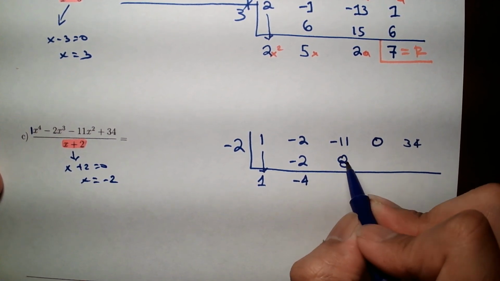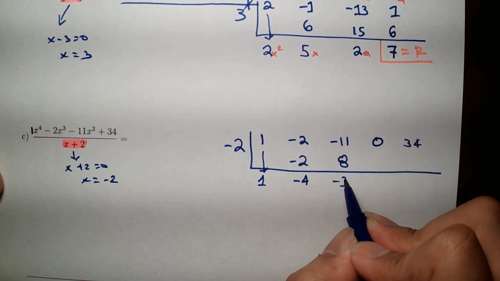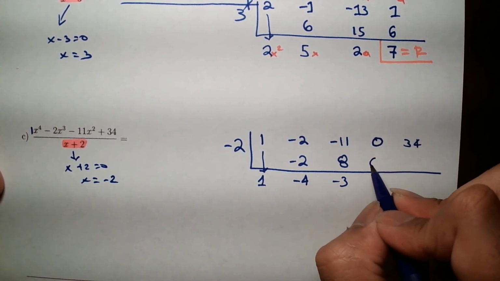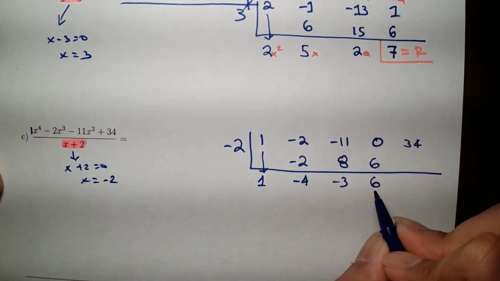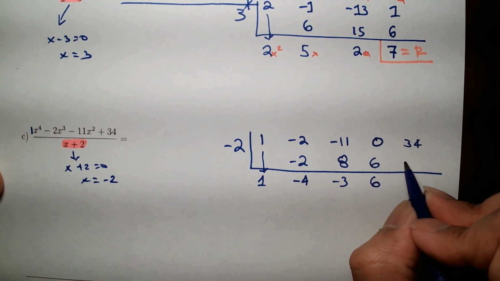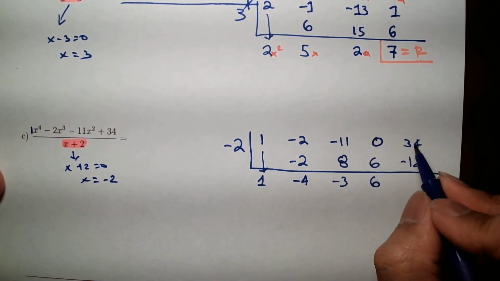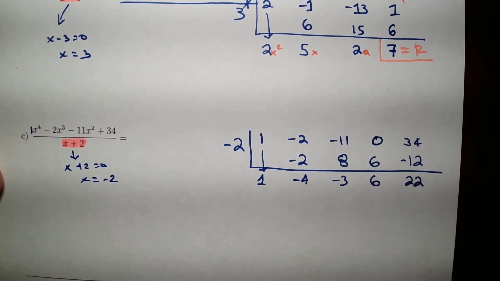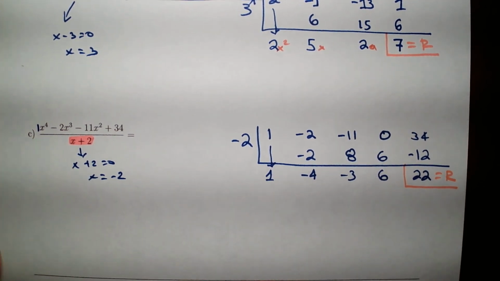And add these two numbers. 8 minus 11, that's a -3. -3 times -2, that's positive 6. Put it below the next number. 0 plus 6 is 6. 6 times negative 2, that's a negative 12. Put it under this 34. In this case, 34 minus 12 gives us a 22, which is not a 0, which means this is our remainder.